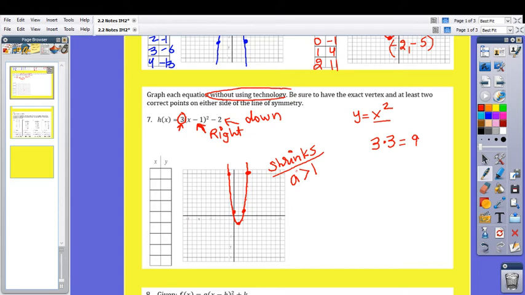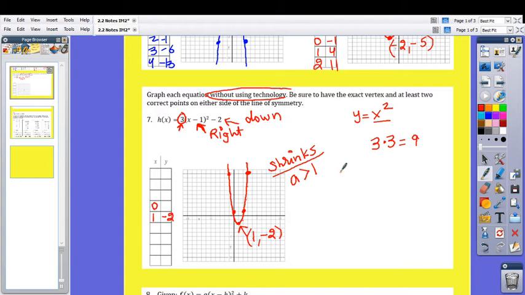Okay, let's graph it. So our vertex for this one will be 1 and -2. So this is your 1 and -2, and when this is 0, let's plug in.